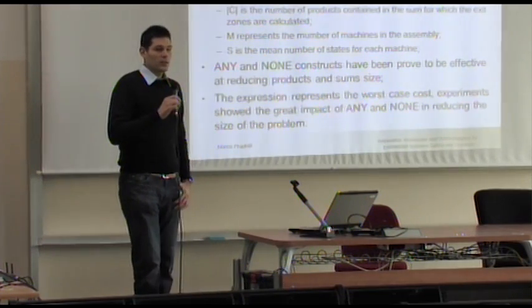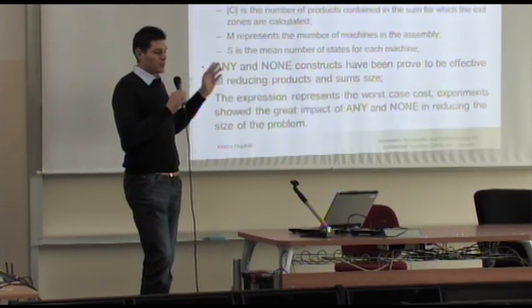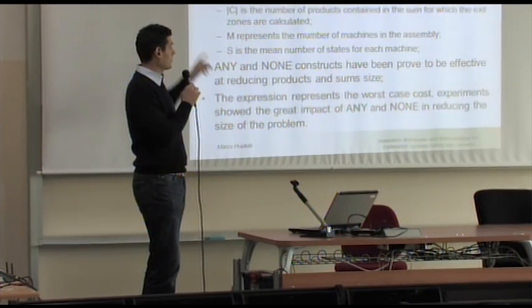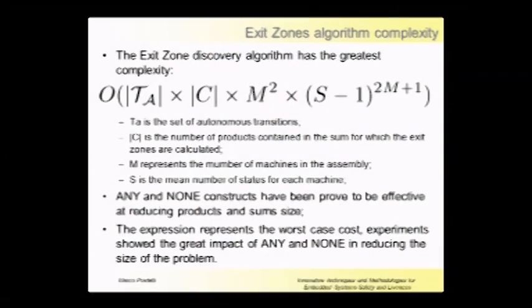This reduction is important because in the exit zone algorithm complexity, this is the formula, it's possible to see that the elements that originate the computational cost of this algorithm are the transition set of the automatic transitions, the number of products contained in the constraint, the number M of state machines of the assembly, and S, the mean number of states of the assembly state machines.